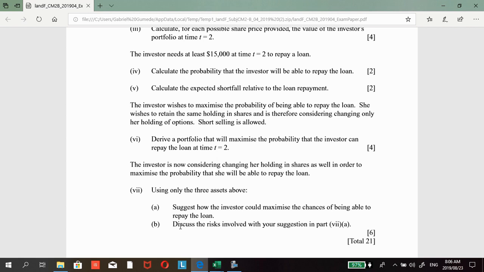Short selling is allowed, which means we are allowed to hold a negative unit. So negative values are allowed. They're saying derive a portfolio that will maximize the probability that the investor can repay the loan.